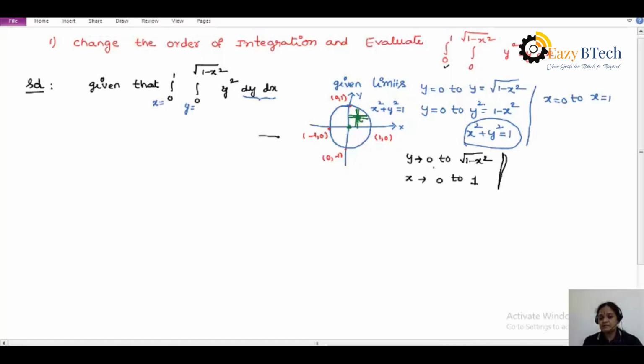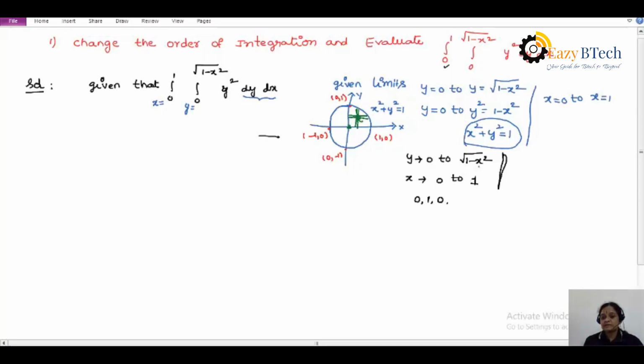If x is equal to 0, substituting here, the value is 0 because there is no x to substitute. Coming to the other limit, root of 1 minus x square, if x is 0 here, then root of 1 minus 0, that means 1. Again substitute 1 in the first value, since there is no x, write down 0.